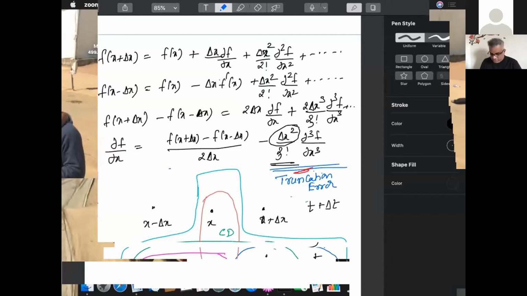So in representing the derivative, we are actually adding what is called a truncation error to the system. So we are trying to do something, and the byproduct is you are getting something else.